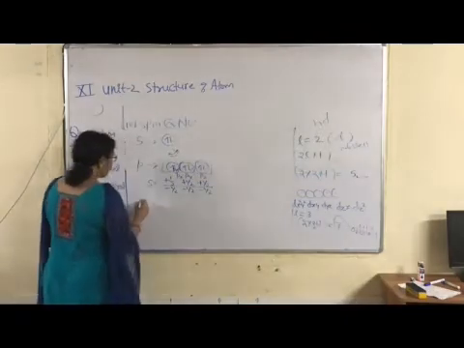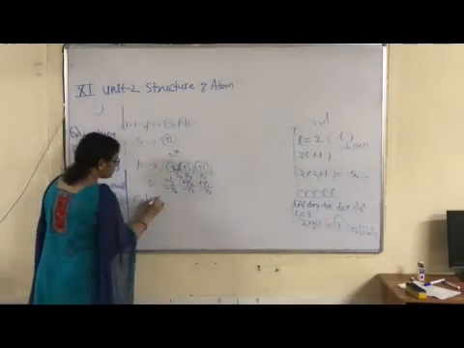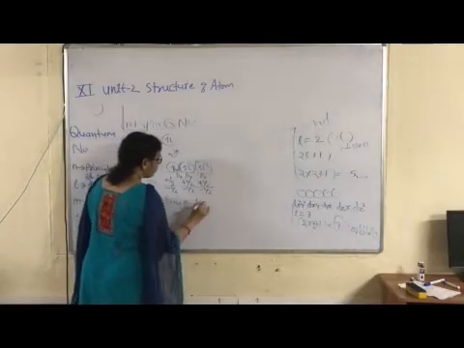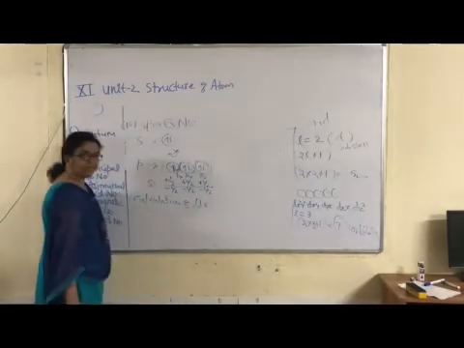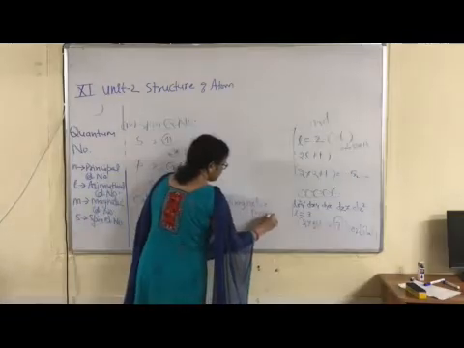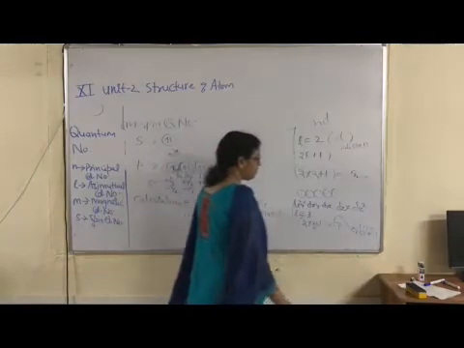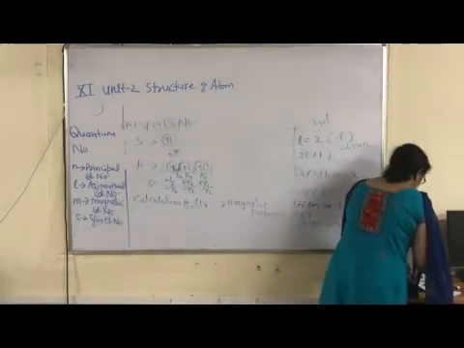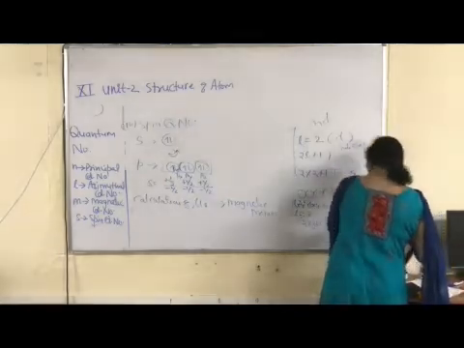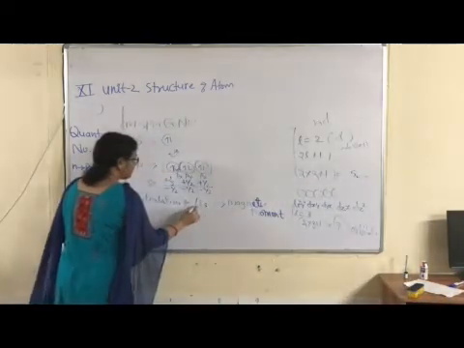Okay children? Calculation of mu also. Second significance: calculation of mu due to spin of electron. Mu means magnetic moment. Calculation of magnetic moment is based on this formula, which is given as mu s.